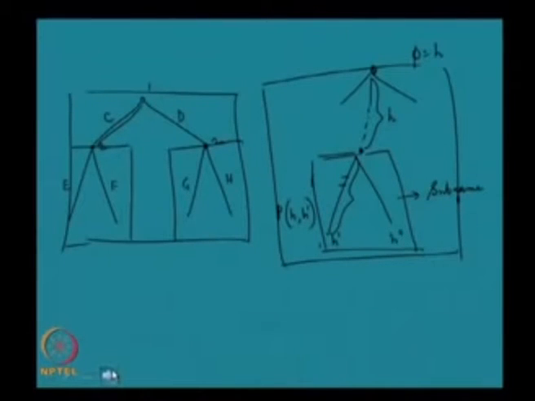Okay, so I have defined subgame, and the next step is to define what is known as a subgame perfect Nash equilibrium. Let me first try to motivate the idea, and then I shall define it more concretely, more methodically.